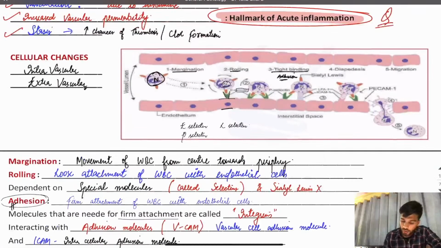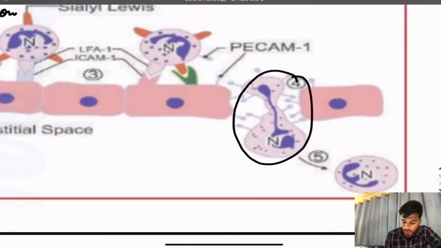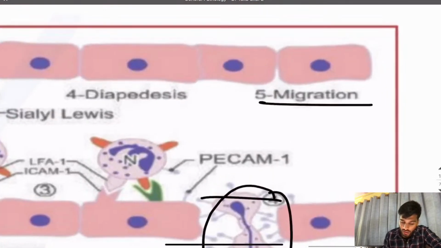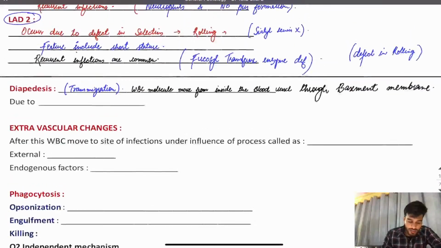Such a process is called transmigration or diapedesis.